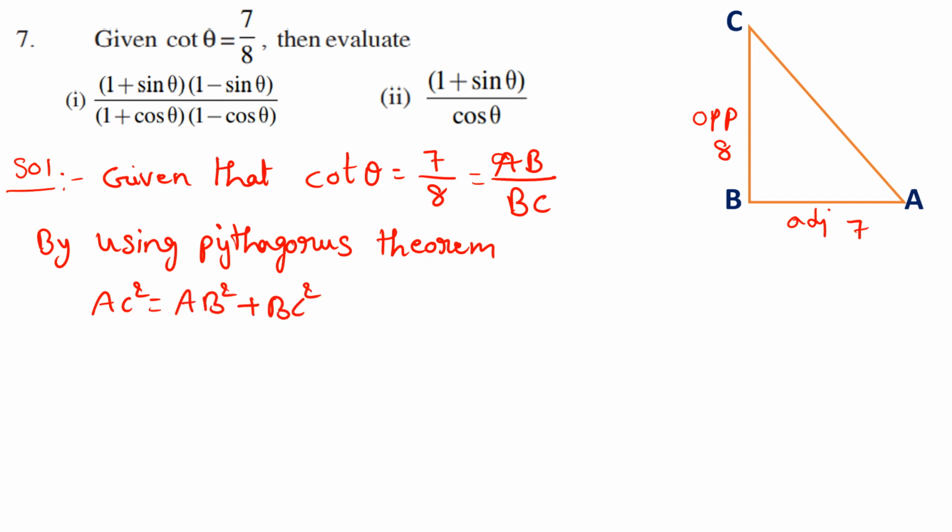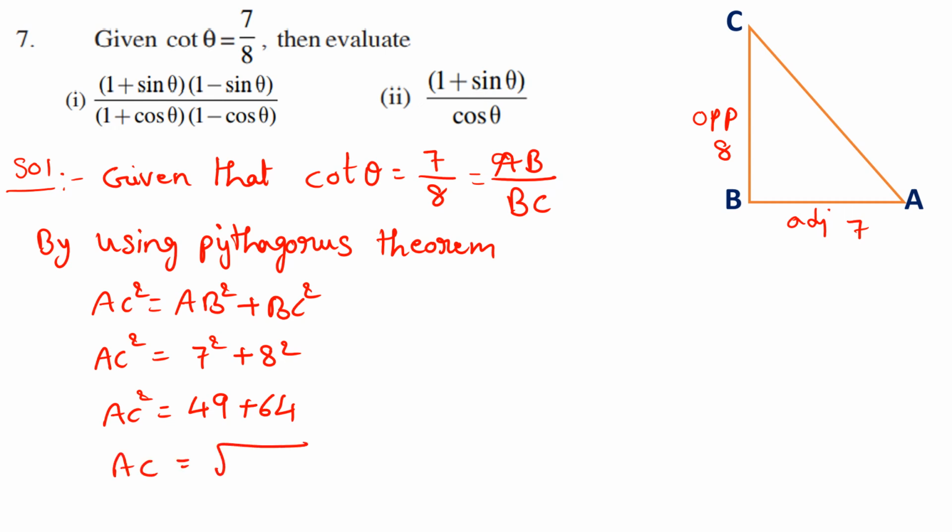That is 7 square plus 8 square, so AC square equals 49 plus 64. Transposing the square to the other side, AC equals root of 113 units.